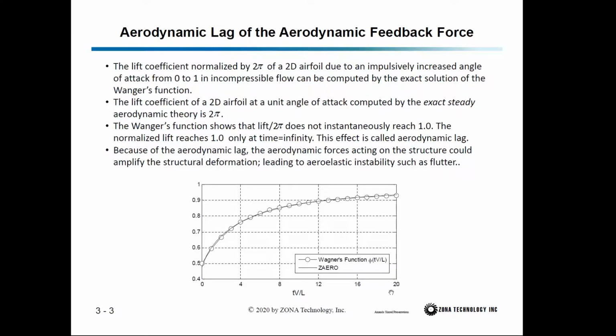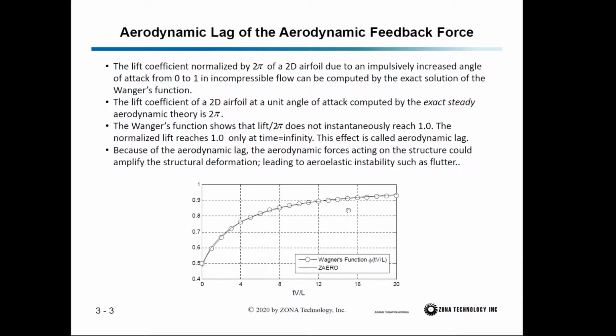This can be shown by the Wagner's function. The lift coefficient, normalized by 2 pi, of a 2D airfoil due to an impulsively increased angle of attack from 0 to 1 in incompressible flow can be shown by the Wagner's function.